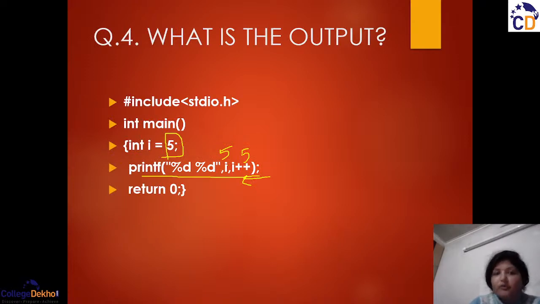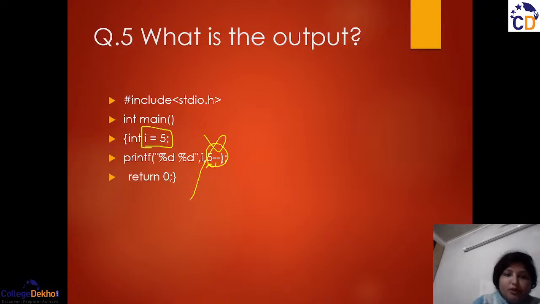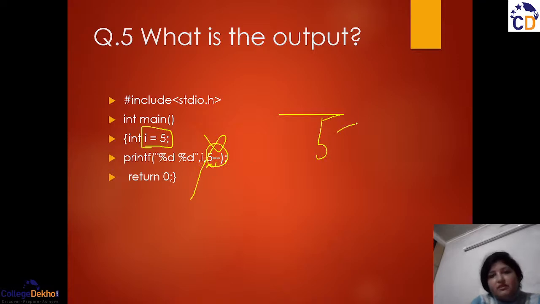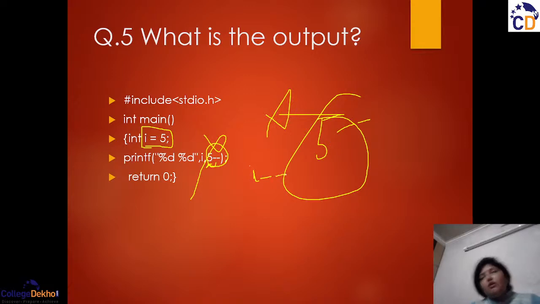You cannot perform it directly on a value. If you are operating on a value, especially like 5, writing 5 minus minus, this is totally incorrect, right? We have to perform it on an operand, that is I minus minus, or a minus minus, or b minus minus. Any operand can be used in place of a value, right?